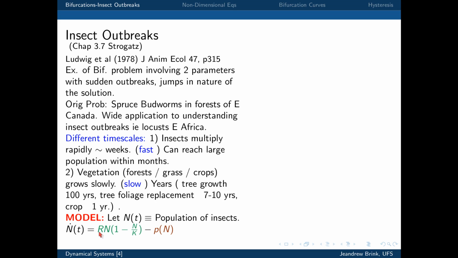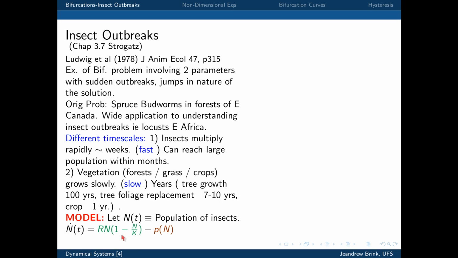So here we have what the population would obey if the only things you were considering were how rapidly they multiply, which is the growth rate, and what the carrying capacity was. In other words, what is the maximum population they can reach for a certain amount of food. And that is your logistic growth model.